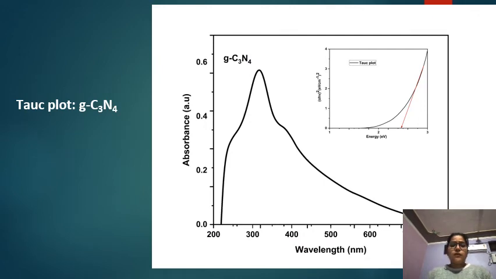The Tauc plots for graphitic carbon nitride and their nanocomposites are obtained using UV visible spectroscopy. The energy band gap is measured using the Tauc plot. The slide represents the Tauc plot for graphitic carbon nitride. The energy band gap for graphitic carbon nitride is 2.6 electron volt.